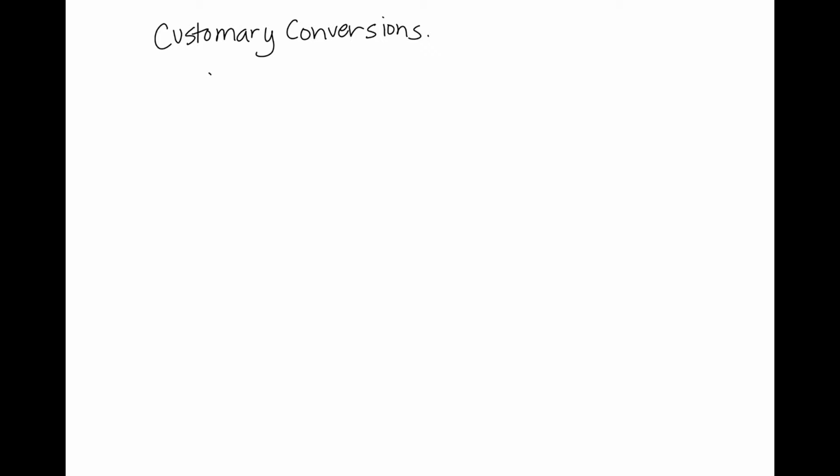Our first problem is going to be 9 tons is equal to how many pounds? This is example 1. Now, last week when we did metric conversions, I explained that it is necessary for our units to be on top of units.